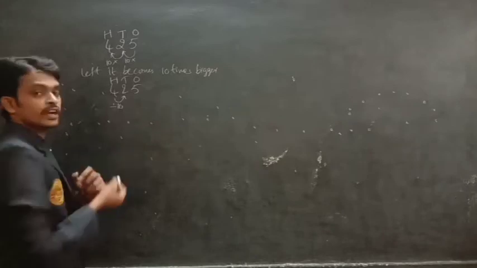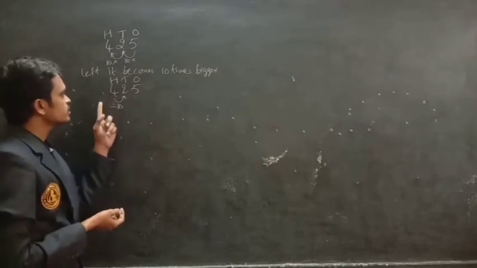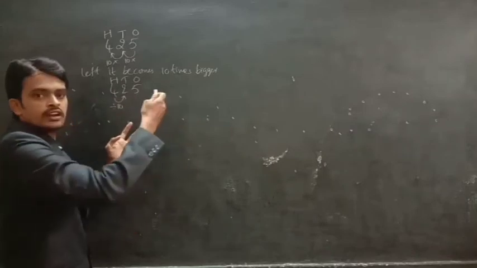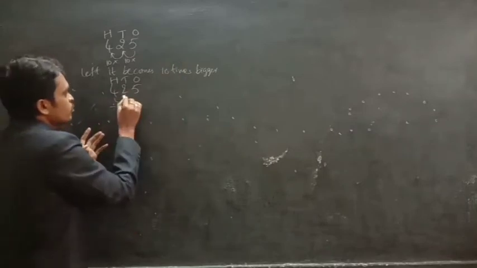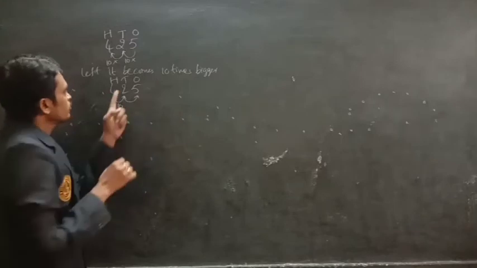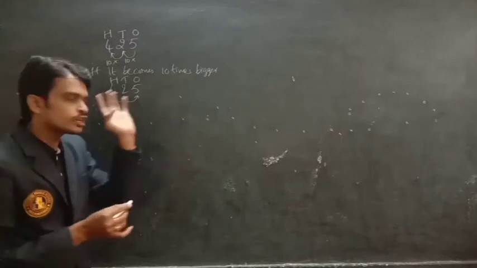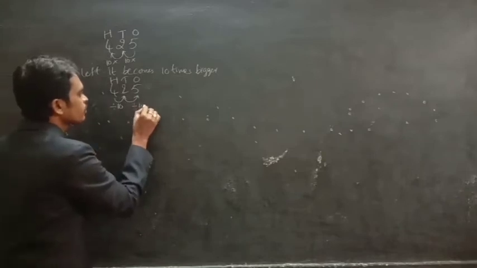The 100's place divided by 10 becomes the 10's place. And further, as I move from the 10's place to the 1's place, yes, I need to divide it by 10.